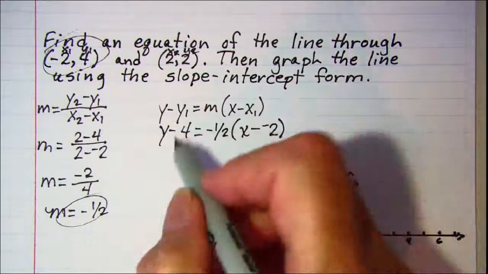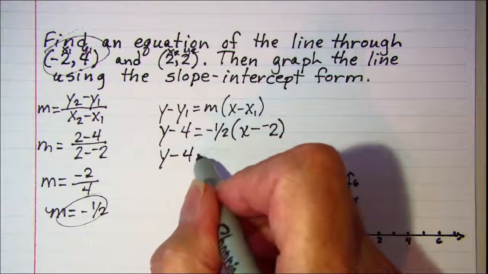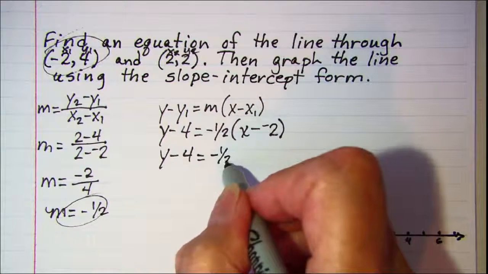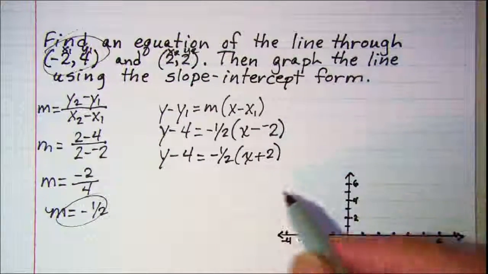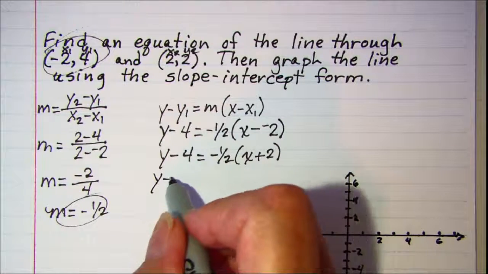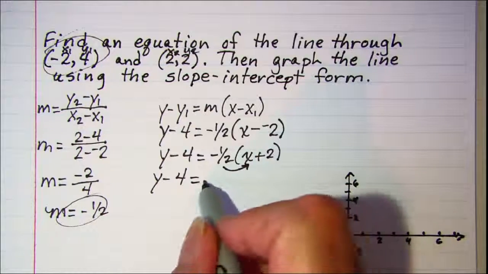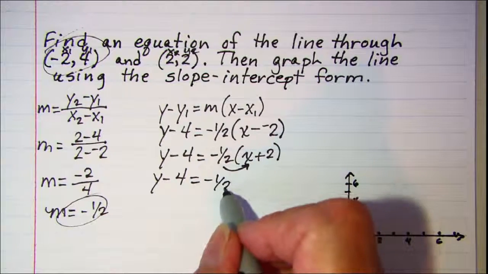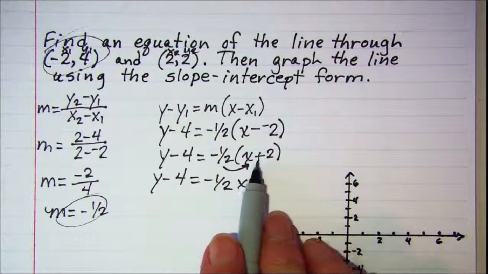Let's simplify this a little bit before we distribute. We have y minus 4 equals negative 1/2 times the quantity x plus 2. So we'll distribute negative 1/2. We have y minus 4 equals negative 1/2 x, and then negative 1/2 times 2 is negative 1.